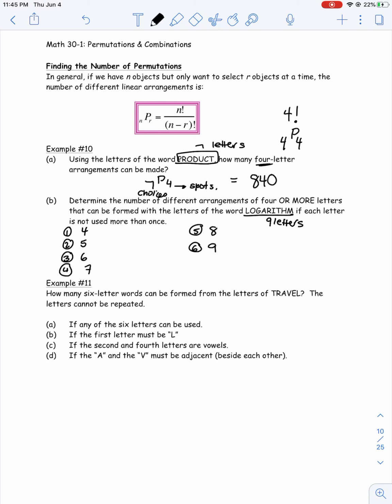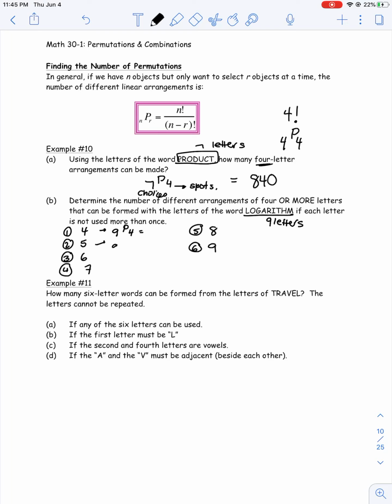So using 4 letters from the word logarithm is where we would say 9 letters to choose from, put into 4 spots. So we would put 9P4, and we would get the answer.